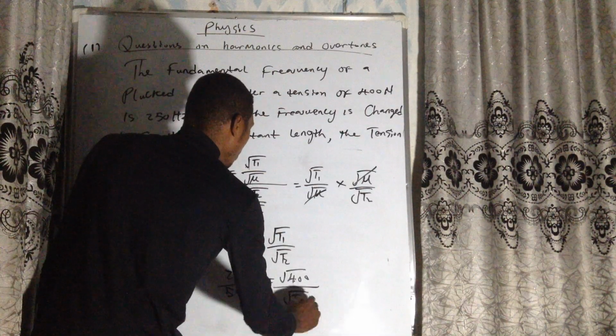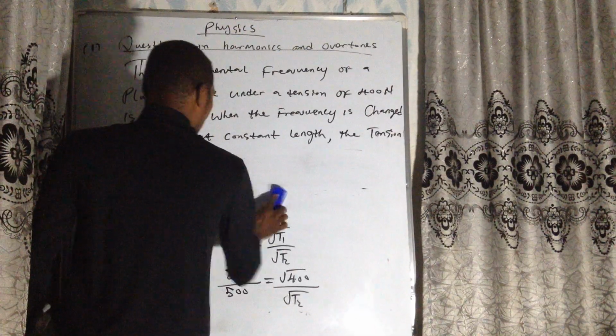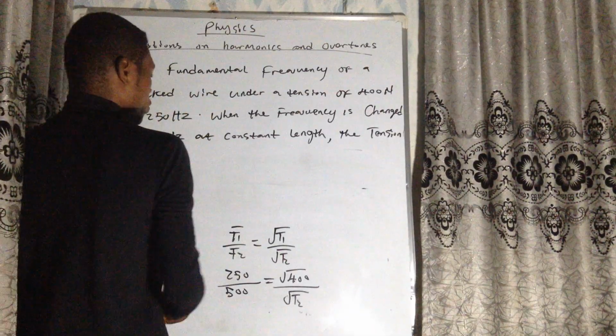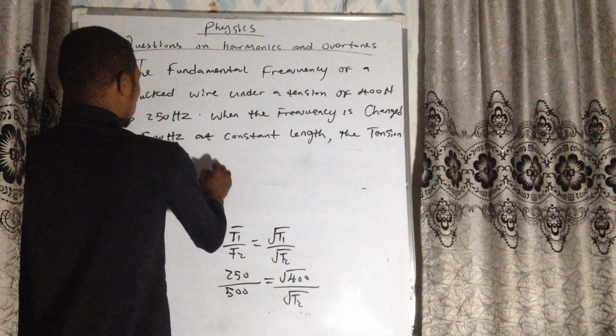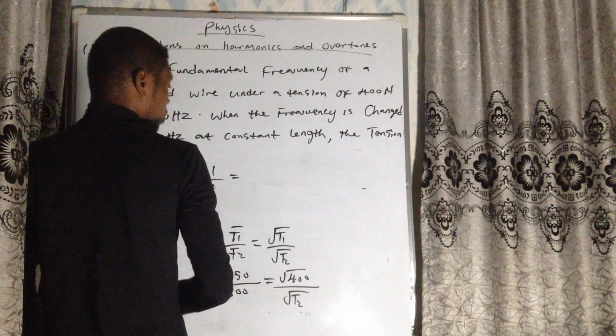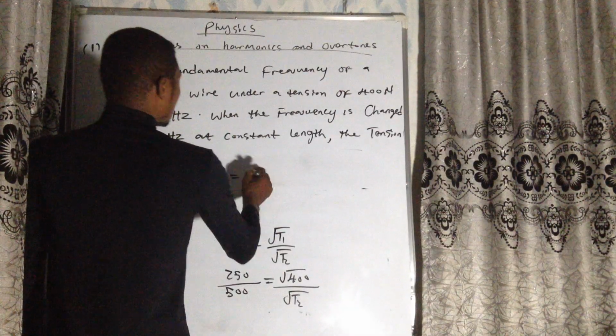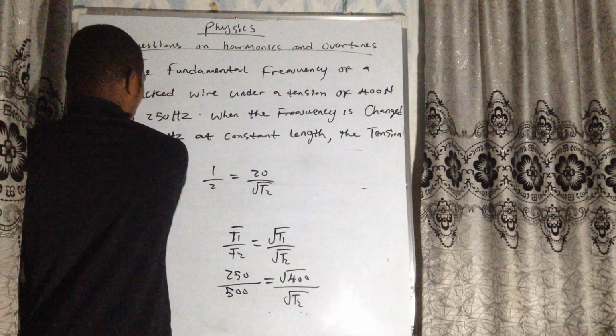So we are looking for T2, you see. Now 250 over 500 is 1 over 2. So 1 over 2 is equal to, root 400 is 20, 20 over root T2. Good.